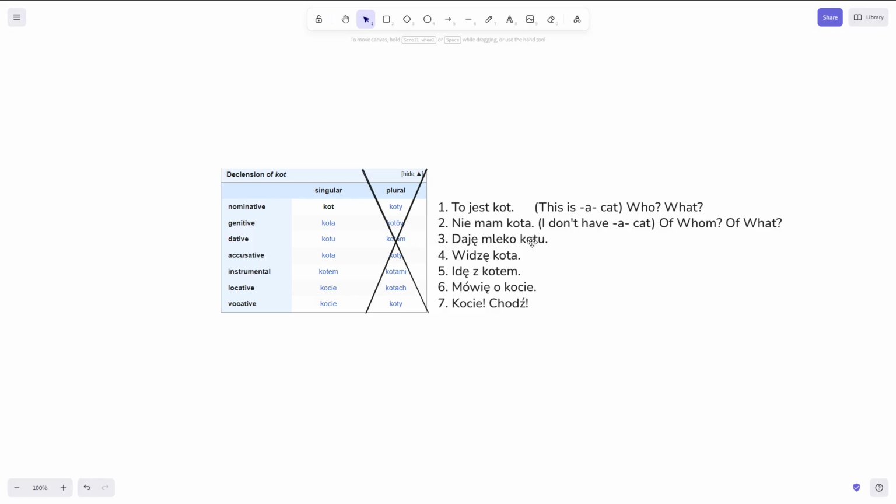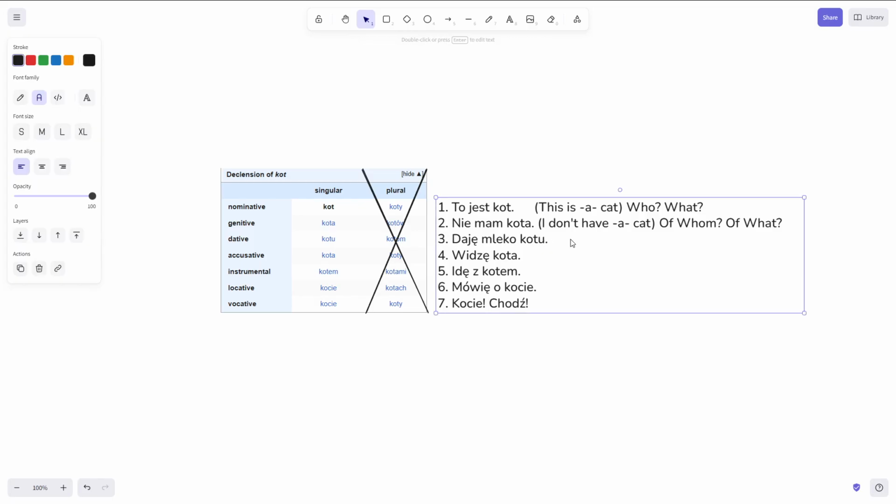So daję mleko kotu. Daję mleko kotu. So I give, or I am giving, milk to cat, right? Mleko is milk.